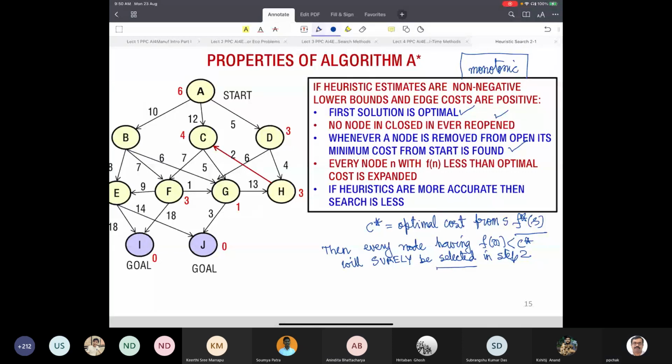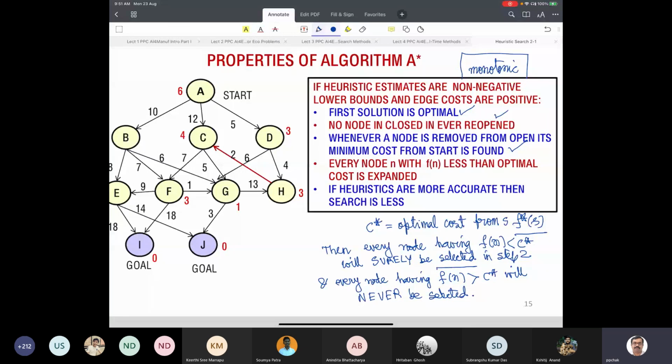And every node having f(n) greater than C star will never be selected because the algorithm will terminate before that.